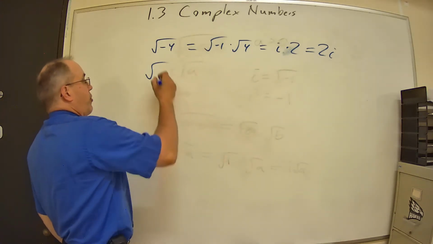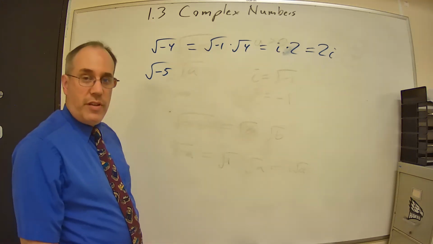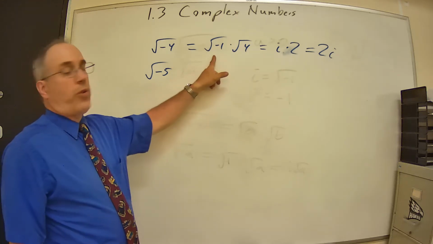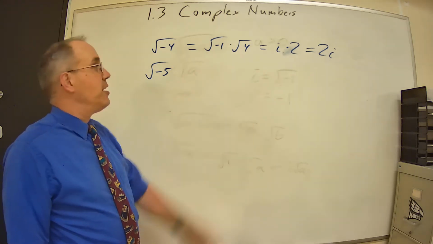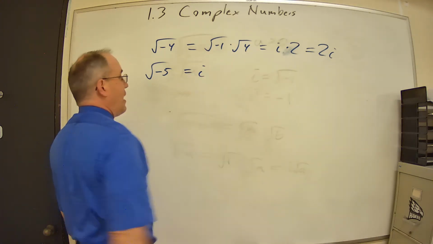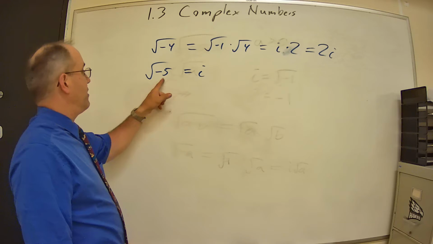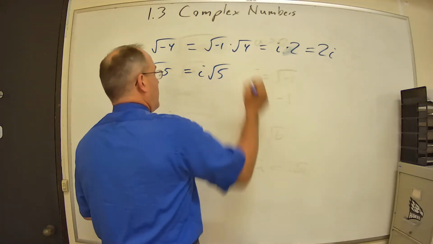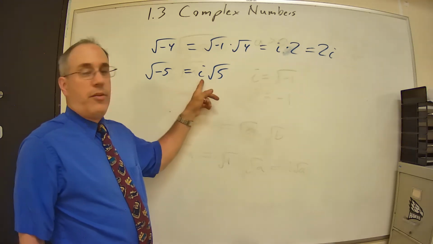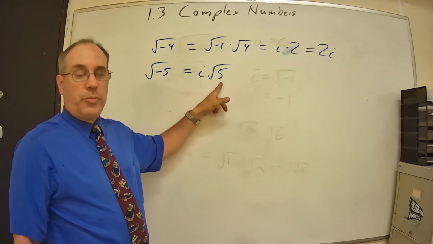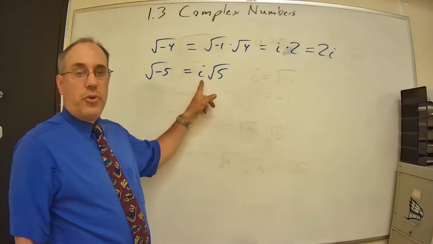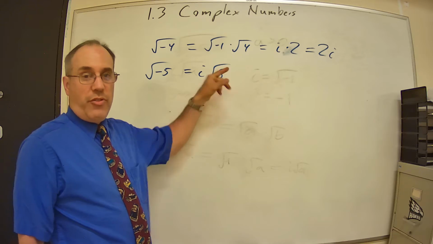If I take the square root of negative 5, we know that I can split that out into the square root of negative 1 times the square root of 5. So if there's this negative here, I can bring that out as i, and that leaves me with the square root of 5. Now when we have an imaginary number multiplied by the radical of a number, we do put the i in front of the radical.